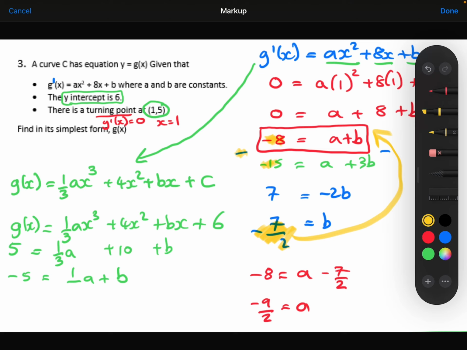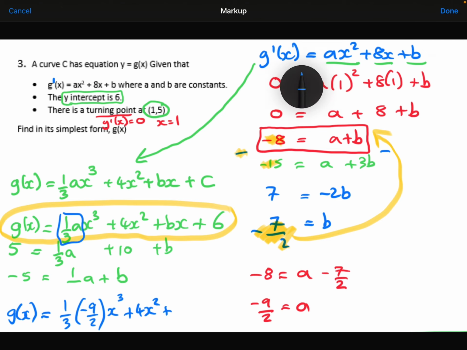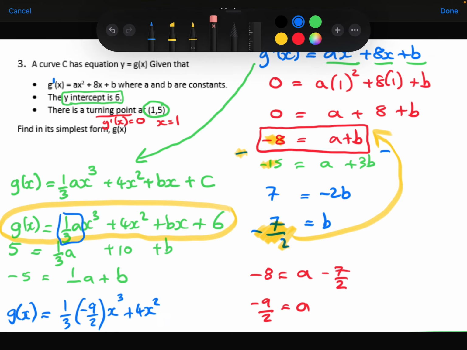We can then plug these values of a and b into my g of x curve here. So the 1/3 of a, which was minus 9 over 2, I'll simplify that in a minute, x cubed plus 4x squared plus b, which is minus 7 over 2 x, plus the 6.